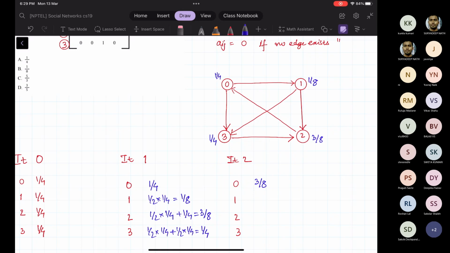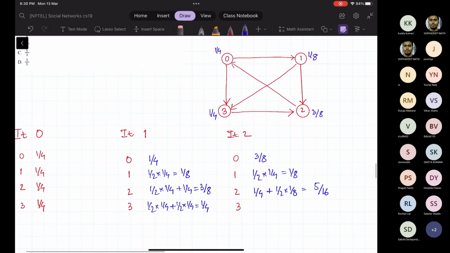Node 1 has one incoming edge, from node 0, so it gets half of 1/4, which is 1/8. Node 2 has two incoming edges, so it gets 1/4 from node 3 and half of 1/8. This turns out to be 5/16.